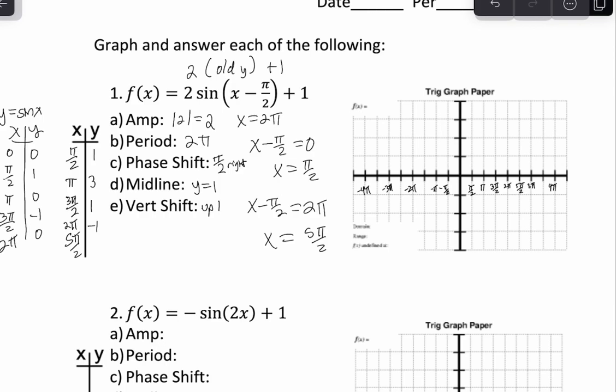And then our last one is going to be 2 times 0, or 0 plus 1. Now, again, I've mentioned on a sine function, these 3 should always be on your midline. So you'll notice that all of those ended up being at a height of 1. So our highest value is 3. Our lowest value is negative 1. So we're just going to count by normal ones.